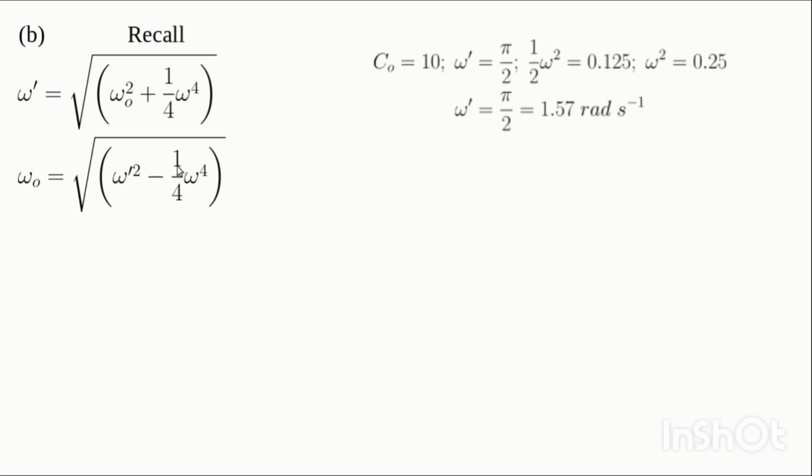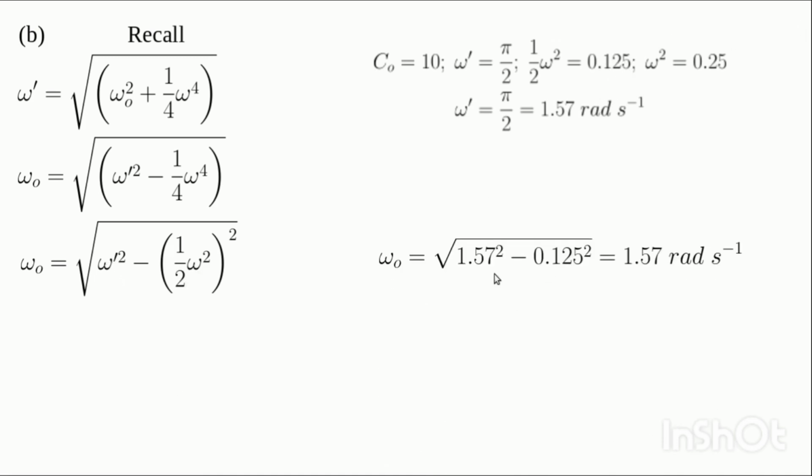We can pick our values from here and slot them here. And from here, we can say this one is the same thing as this. We already know this, half of omega squared is 0.125. Then we square it. This one is already this. And that gives us our value here, which is 1.57 rad per second. So this is the natural angular frequency.